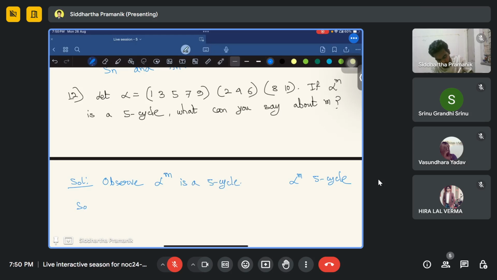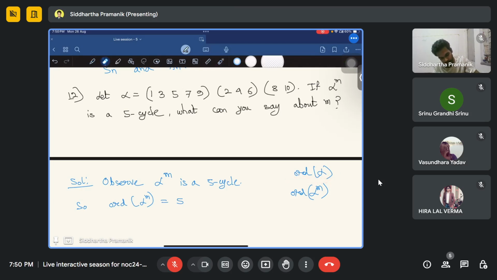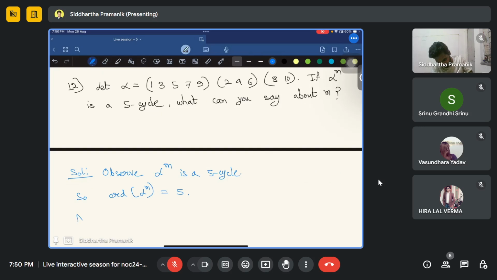So the order of alpha power m should be 5. And we know how to compute the order of alpha power m from the order of alpha, right? So we need to compute the order of alpha first. This is our alpha, and it is a product of 3 cycles.